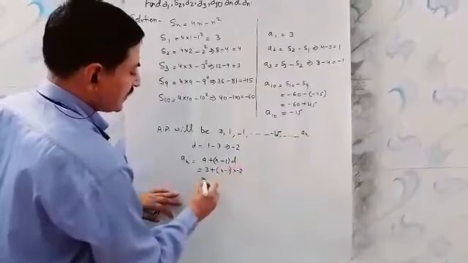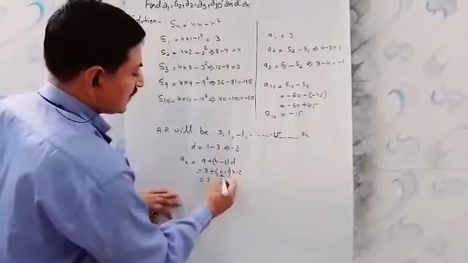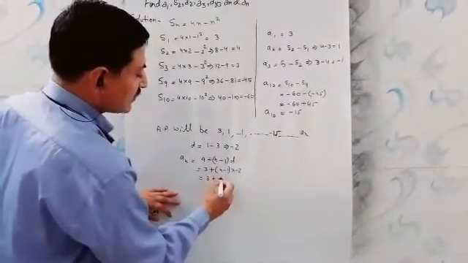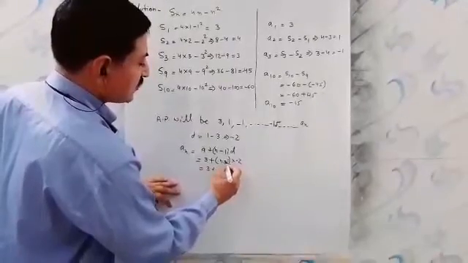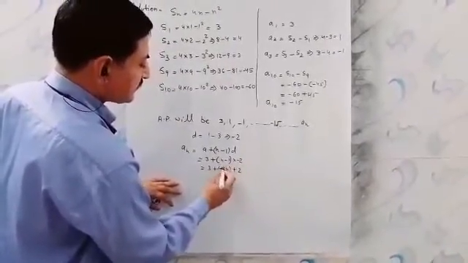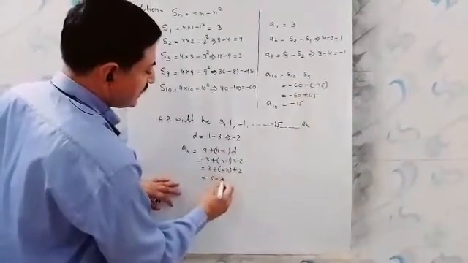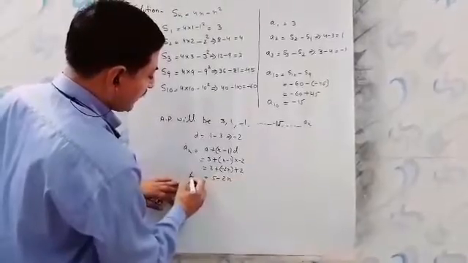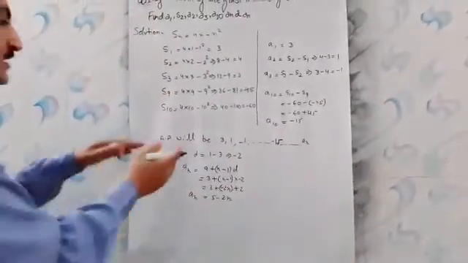That will be 3 plus, and minus 2 multiplied into the bracket gives minus 2n, and minus 2 into minus 1 will be plus 2. So 3 plus 2 is 5. So we have got the nth term equals 5 minus 2n.